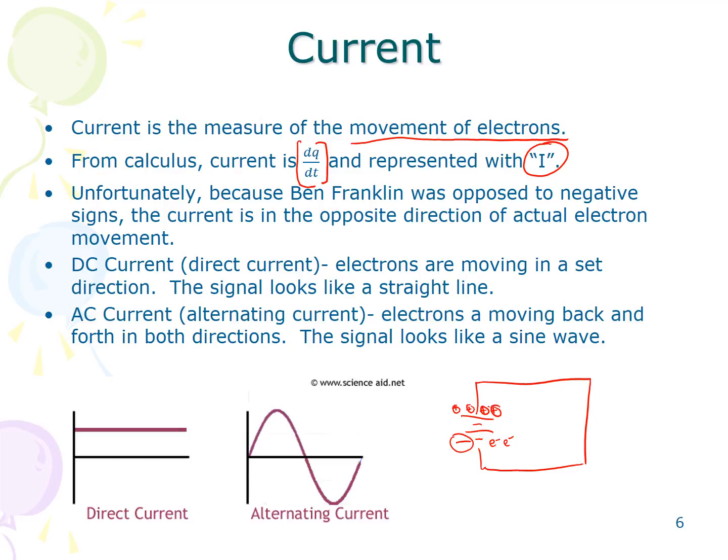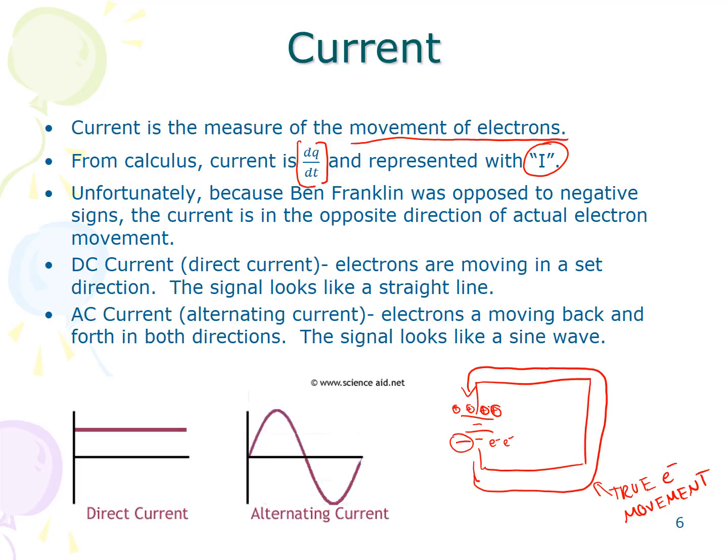Electron flow is the electrons being attracted to this side, so they're going to flow along the wire to the positive side. That is true electron movement. So this line right here is true electron movement.